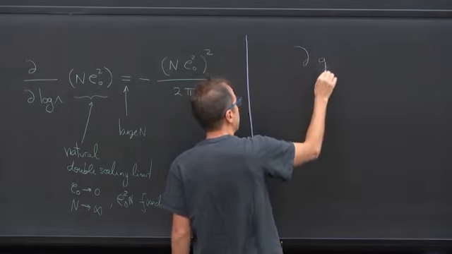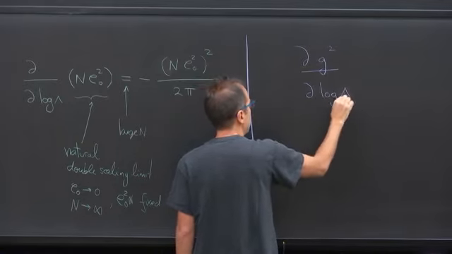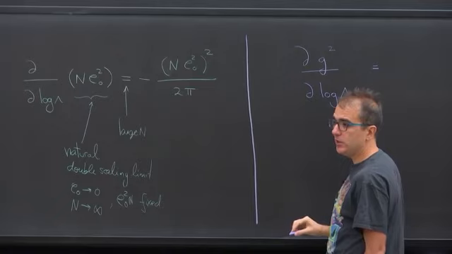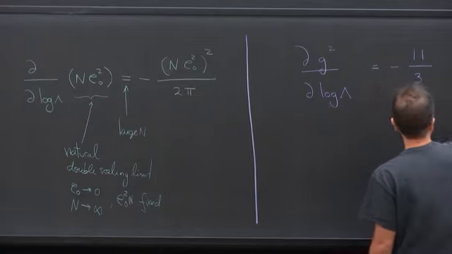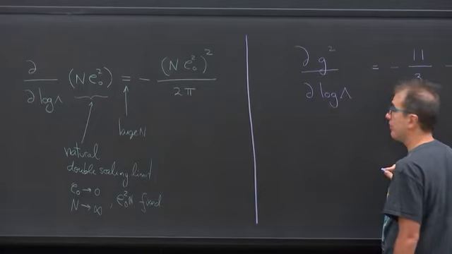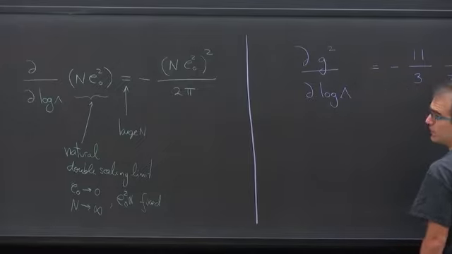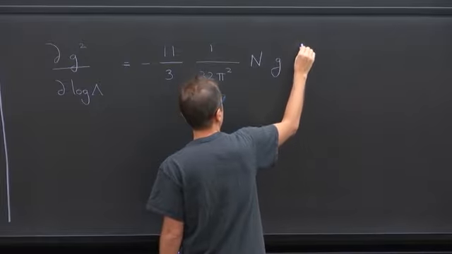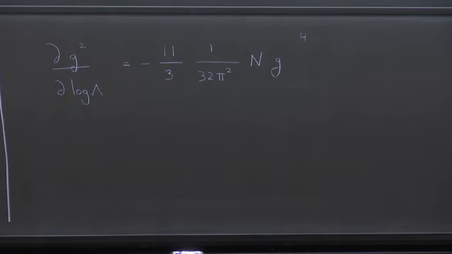Let's multiply by g the left-hand side and say that the derivative of g squared with respect to log lambda, let's bring it to a form more similar to what we have, is, if I multiply by g, something like minus 11 thirds, there is some 1 over 32 pi squared, and then there would be a g to the 4 here, N times g to the 4.